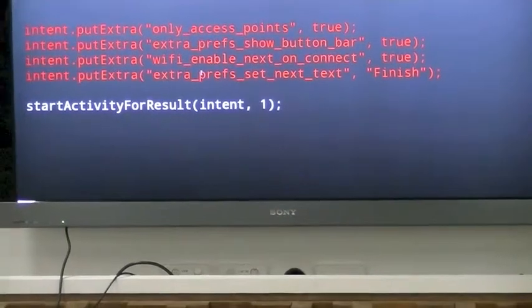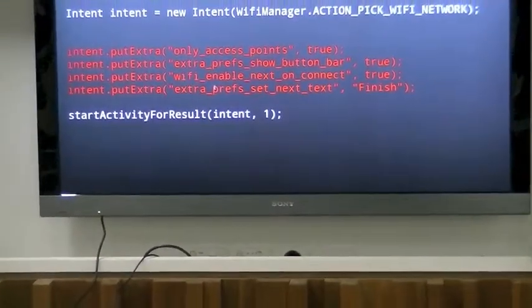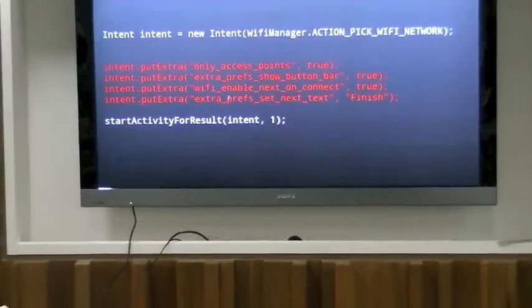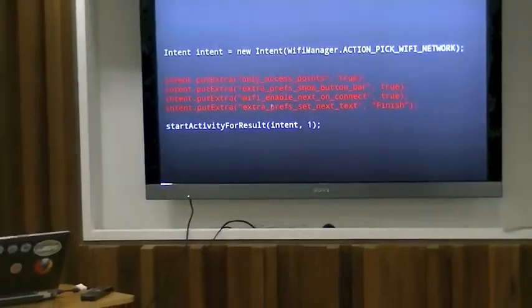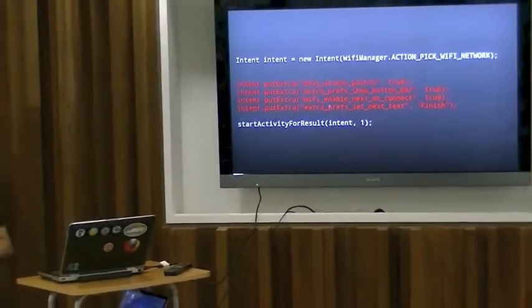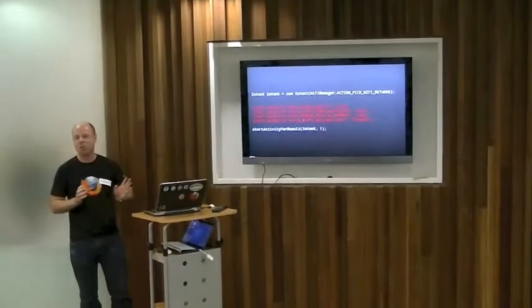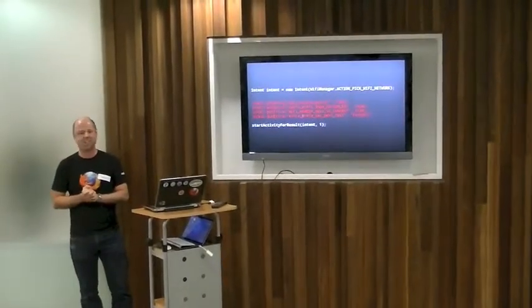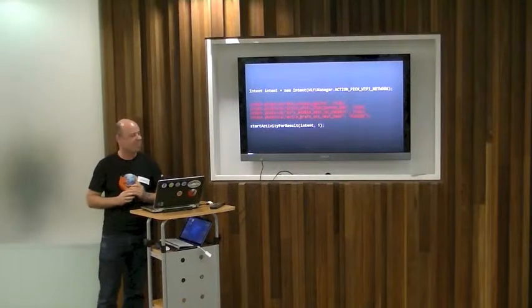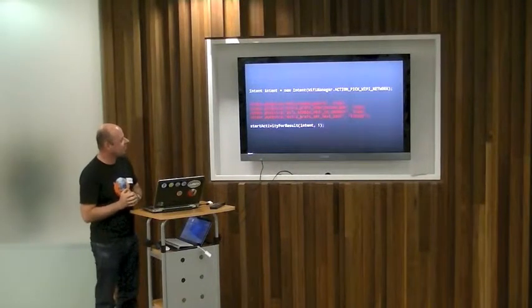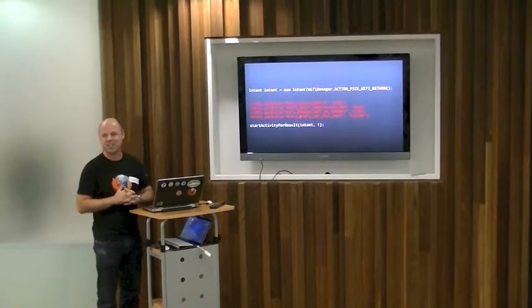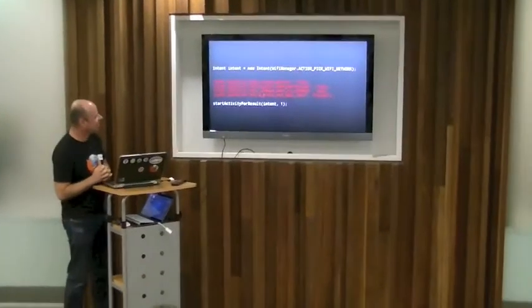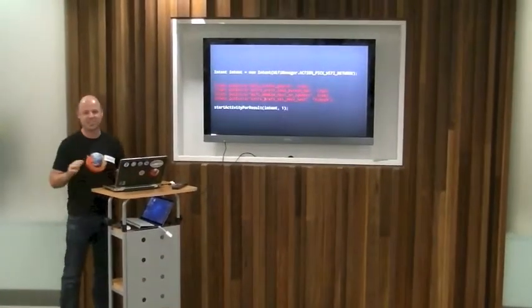I should have mentioned before that intents can have parameters, like a function call, and these are called extras. With the intent that triggers the Wi-Fi activity, you find in the source code a whole bunch of these extras that are not mentioned anywhere in the SDK documentation, unless you look at particular forums on the web.